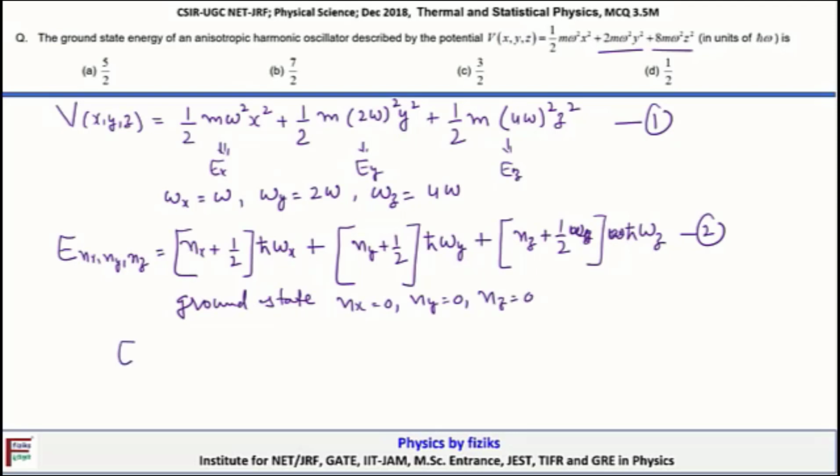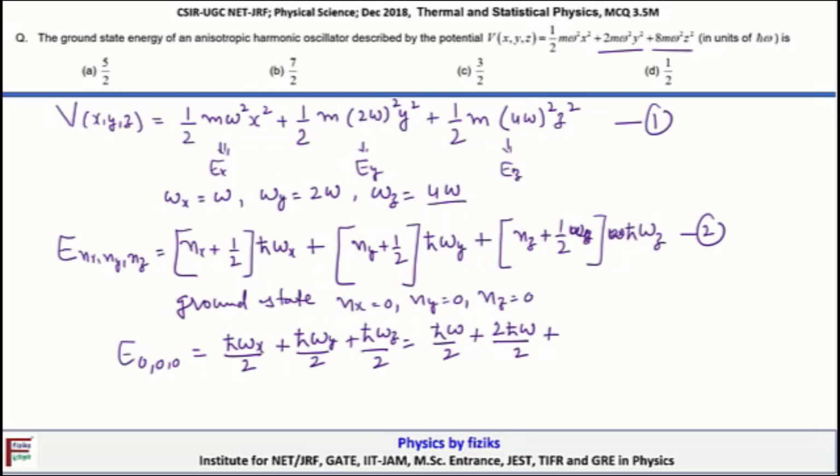If you do that, the ground state energy E000 is equal to h cut omega x by 2 plus h cut omega y by 2 plus h cut omega z by 2, and that is nothing but h cut omega by 2, plus omega y is equal to 2 omega, so 2 h cut omega by 2, plus omega z is 4 omega, so 4 h cut omega by 2.